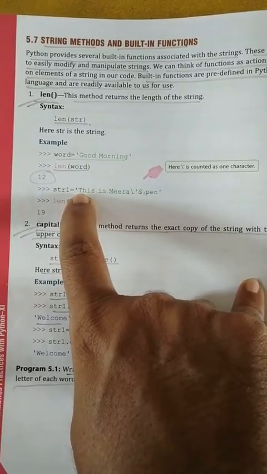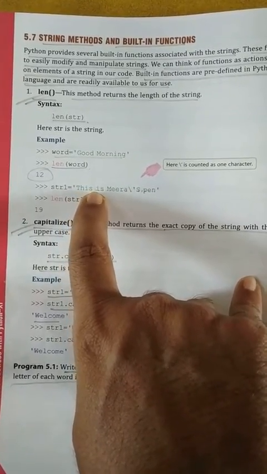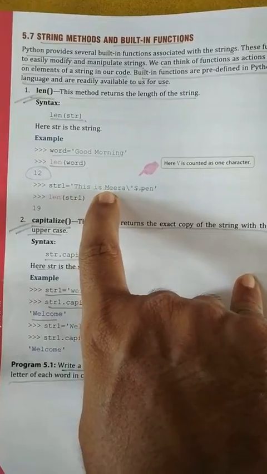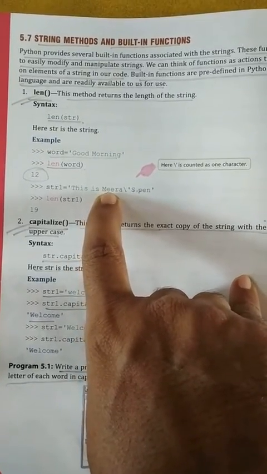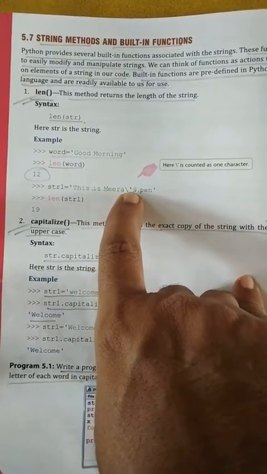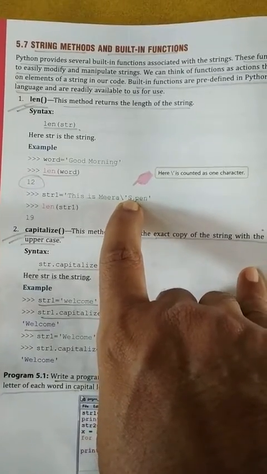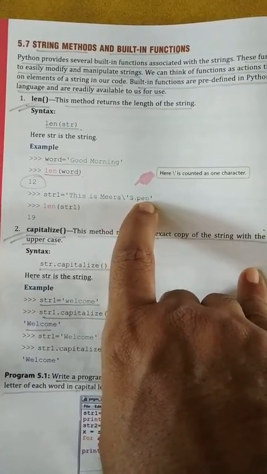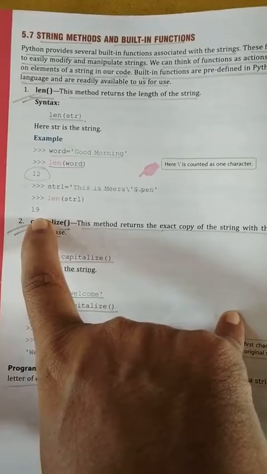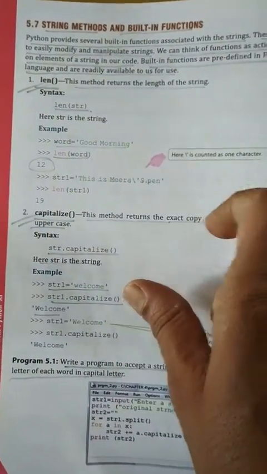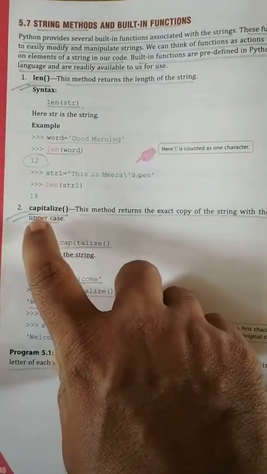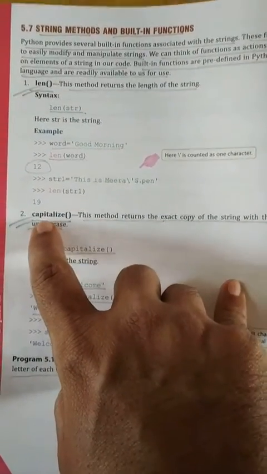See, count 1, 2, 3, 4, space 5, 6, 7, space 8, 9, 10, 11, 12, 13, 14, 15, 16, 17, 18, 19. It is getting 19. So in this way, the length function will count the length of the string.